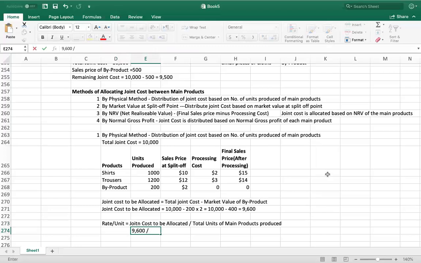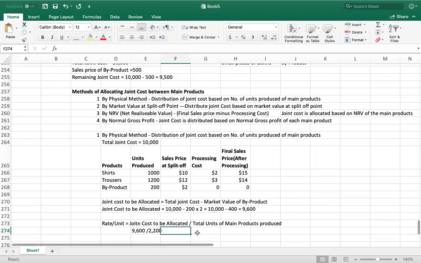Main products are shirts and trousers, so total units are 1,000 plus 1,200, which is 2,200 units. You have calculators: 9,600 divided by 2,200 gives 4.36 per unit.